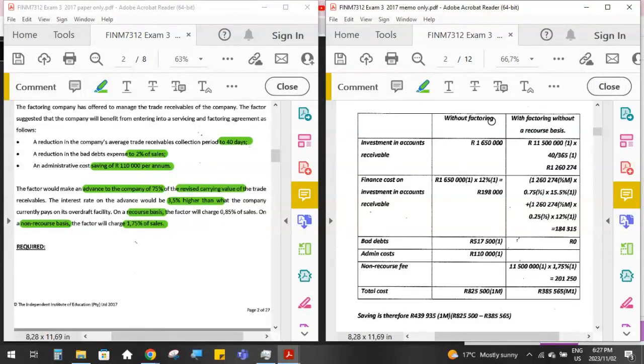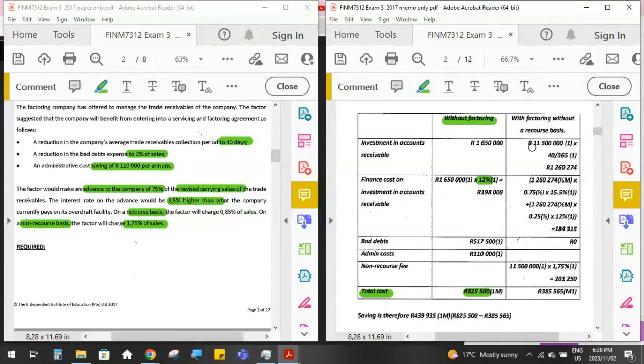I would say, currently without factoring, this is what my total cost is, which is my current investment in accounts receivable multiplied by the overdraft rate. So this is the interest I'm currently paying. I currently have a bad debts expense and I currently have an admin cost expense. So those three amounts total 825,500.